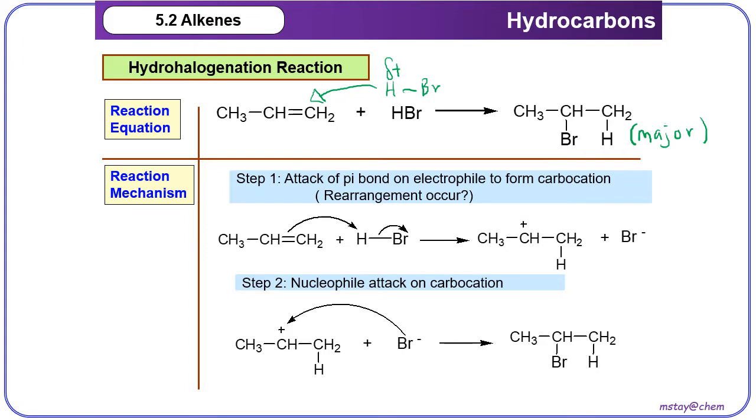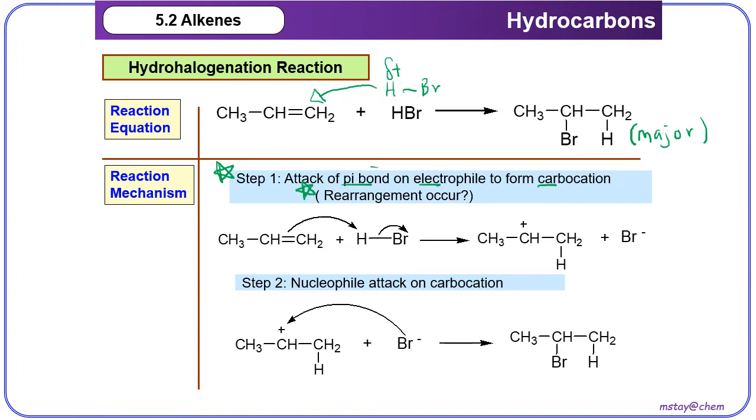Now we go to step 1 of the mechanism: attack of the pi bond on the electrophile to form a carbocation. Since a carbocation is produced, we have to check whether rearrangement occurs or not.